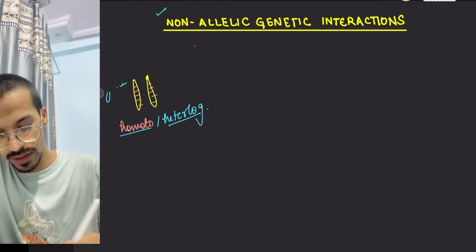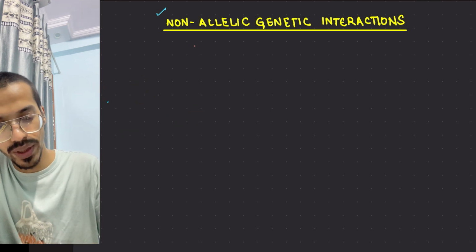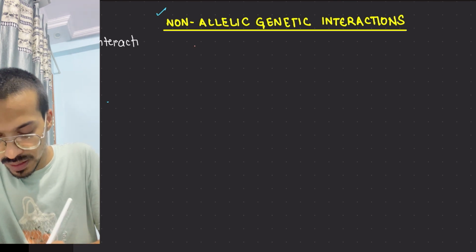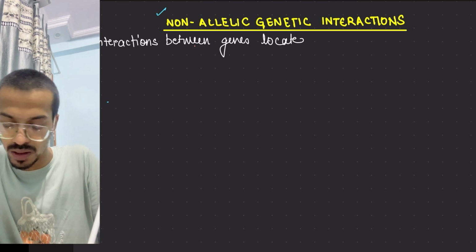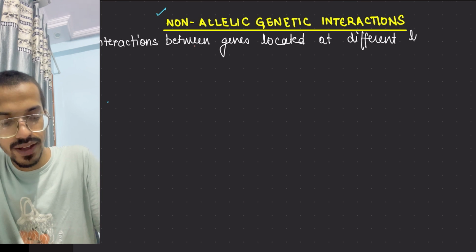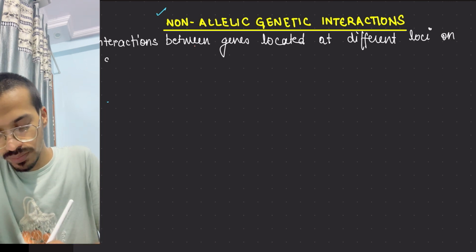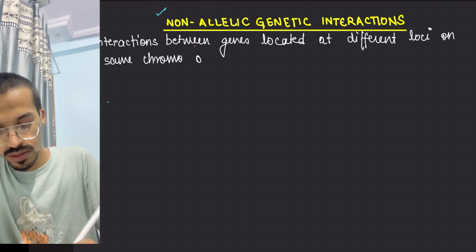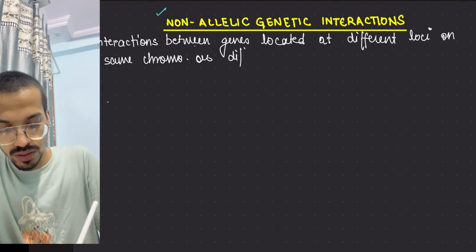So I'm just going to write this super quick. These are the interactions between genes located at different locations or different loci on the same chromosome or different chromosomes.